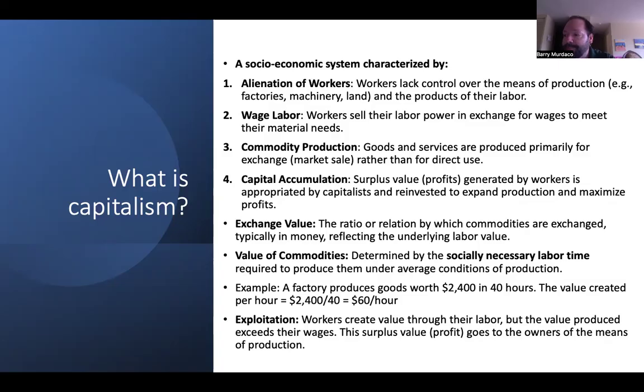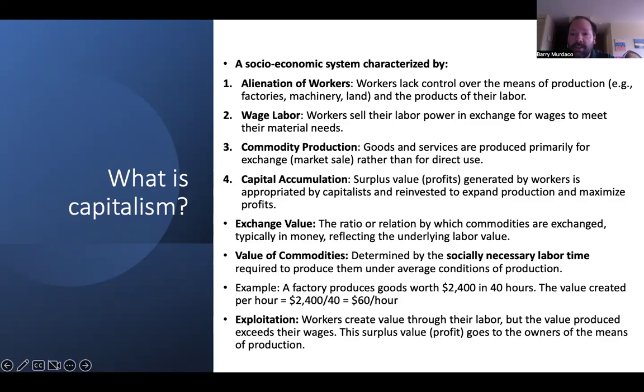All right, well, just getting right into it, how do you really characterize what a capitalist system is? The definitions can be tricky, and again, this is a very condensed version of it, but I'll try to at least focus on what are some of the more essential characteristics of it. So one, you could say it is characterized by the alienation of workers.